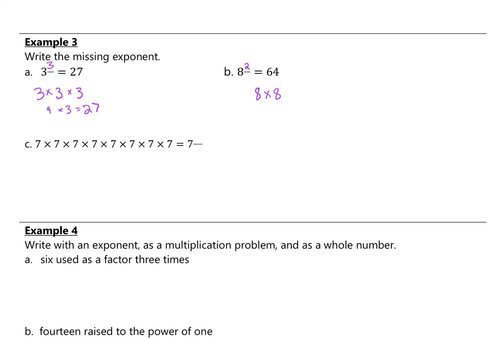C, we have to do something even harder, which is count. And I say that not to make fun of you, but to make fun of myself because I'm bad at counting. 1, 2, 3, 4, 5, 6, 7, 8. There's 8 sevens, so this is 7 to the 8th. Don't try to actually figure out what that is, because that will take a lot of time and not have much value to it.